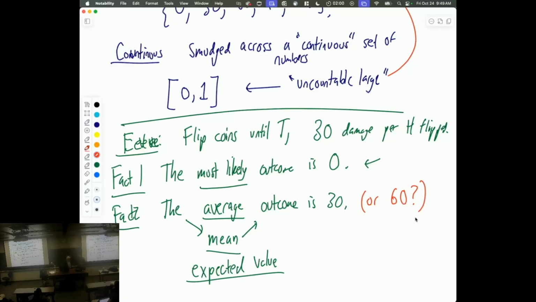Should we attach our names to the predictions? Do you want to? I will attach my name. All right, this is exciting. Prof. Humphrey thinks that it's 60, and Prof. Nika thinks that it's 30. Who's right? We're going to find out next time on Pokemon. No, we'll find out at some point in the future. I really think it's 30. 60 is crazy. That card would be way too good. If it dealt 60 damage on average, that would be a killer.